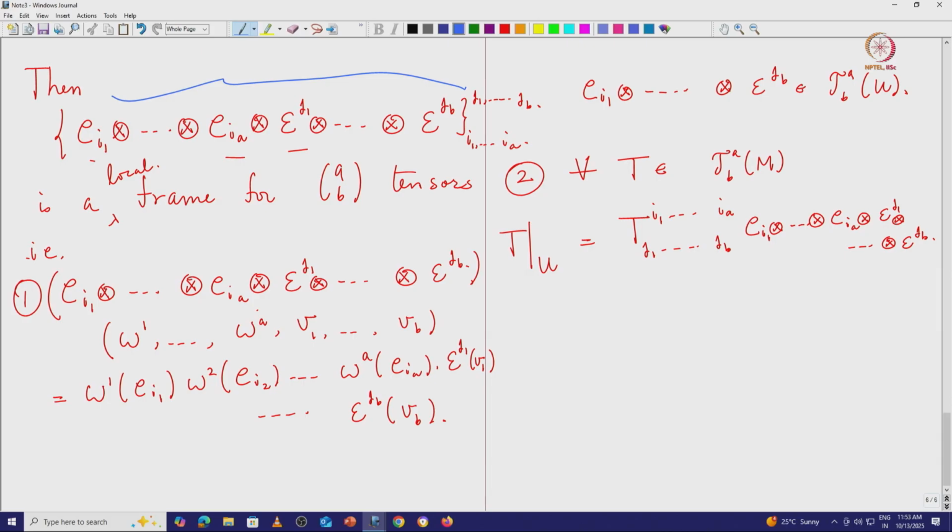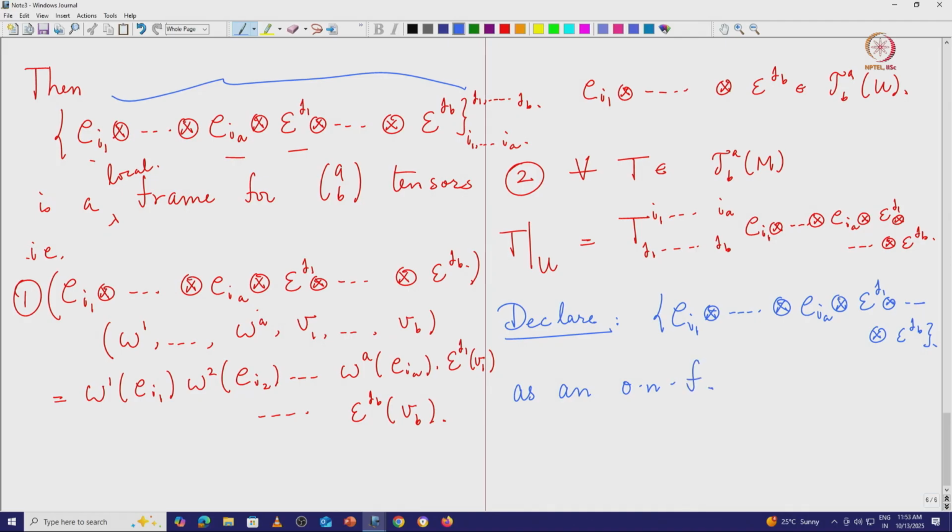Okay. Now, in order to define an inner product on tensors, I simply declare this frame, as you vary over all possible choices of indices I1 to IA, J1 to JB, as an orthonormal frame.